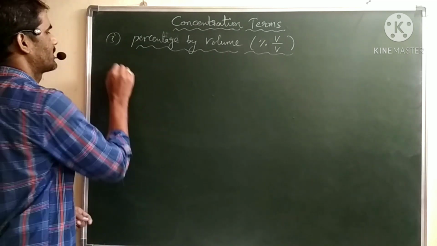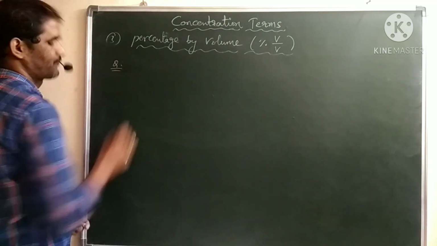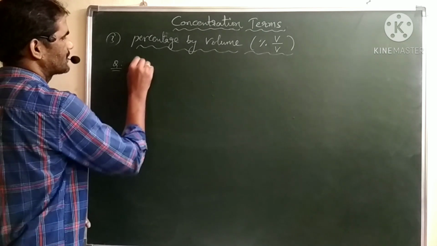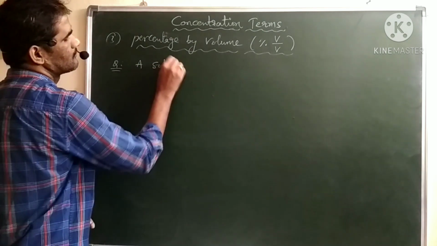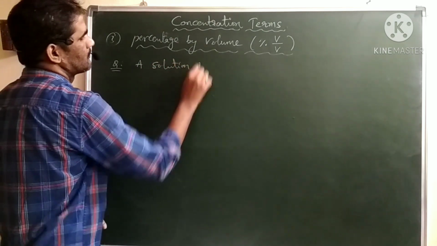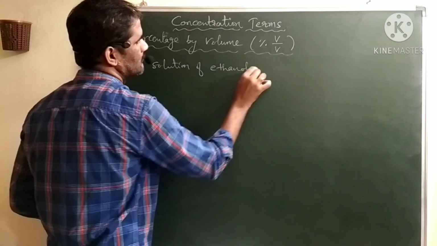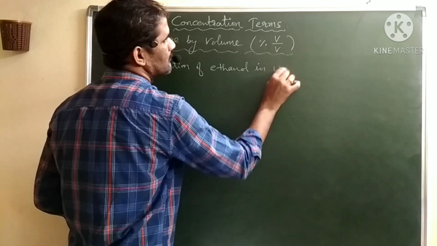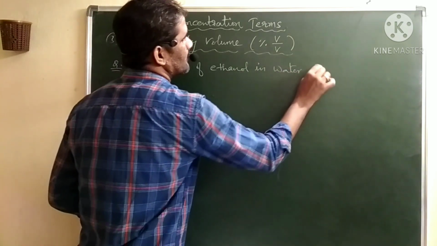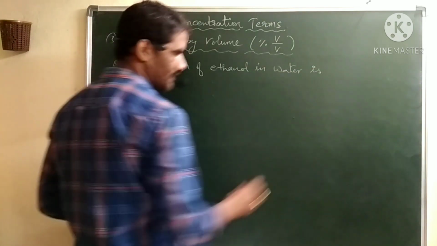Now we'll see a numerical here. A solution of ethanol in water is 10% by volume.